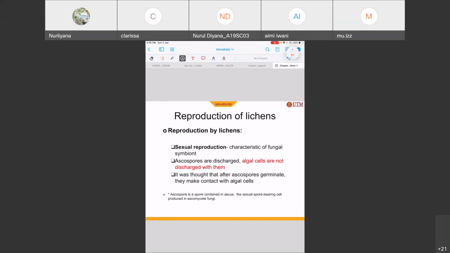But when you combine them into one organism, we mainly see here that sexual reproduction of lichens is a characteristic of fungal symbionts. That means we look at the reproduction types of the symbiont, the fungus.